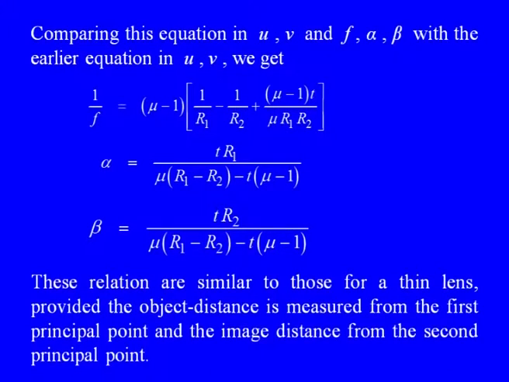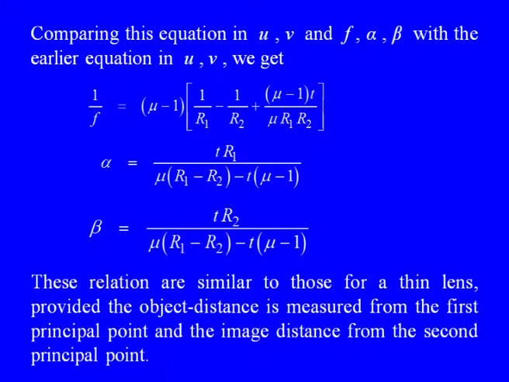Again, substituting those relations as before and comparing this equation with the earlier equation in u, v, f, alpha, beta, with the same procedure as we did for the combination of two thin lenses, we get these results.